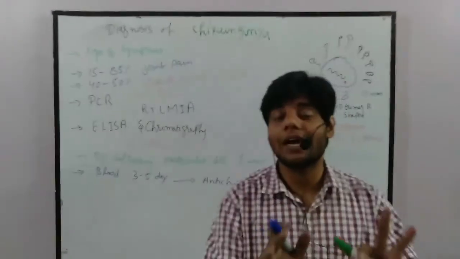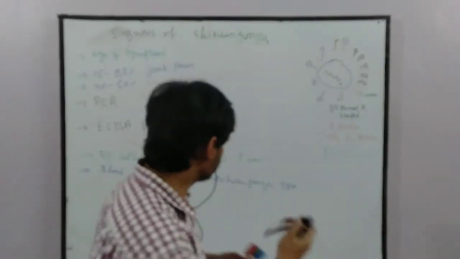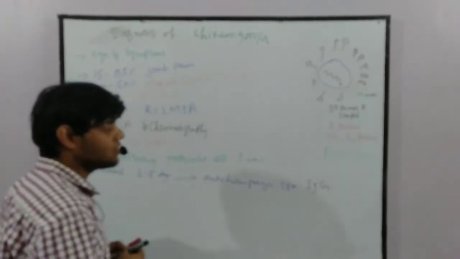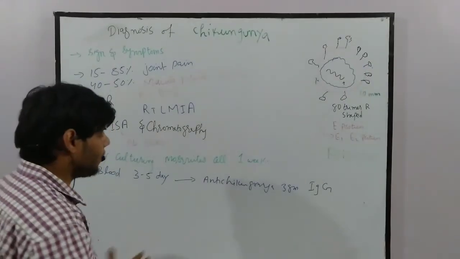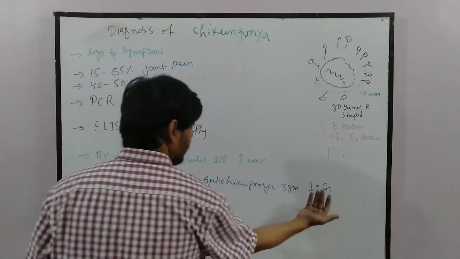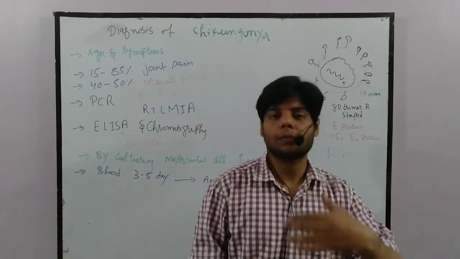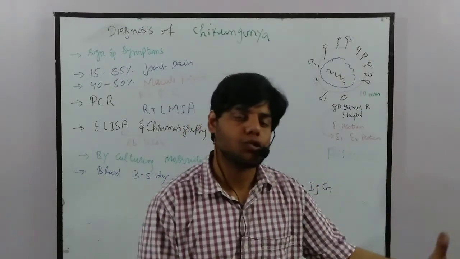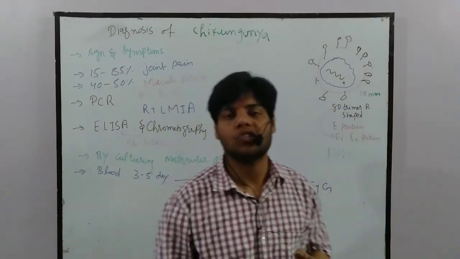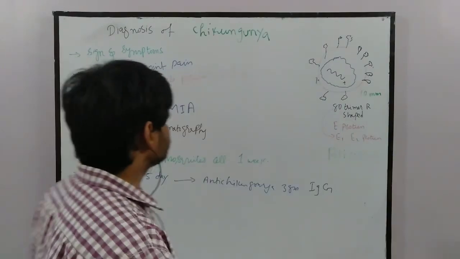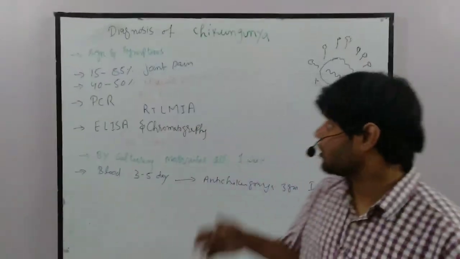In this case the anti-chikungunya antibodies are actually IgGs, so we use IgG antibodies which are commercially available. We allow this IgG antibody and blood serum to react, and after some time we check for agglutination, which shows the sign of the chikungunya disease. Okay, so that's how we can diagnose the chikungunya disease.